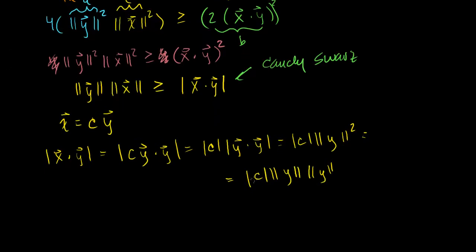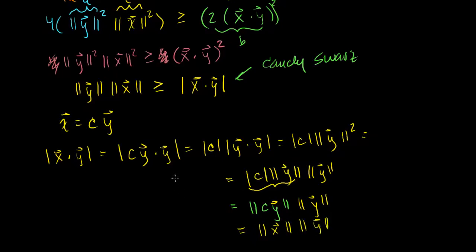You can prove this to yourself if you don't believe it, we could put the c inside of the magnitude, and that could be a good exercise for you. But it's pretty straightforward. You just use the definition of length, and you multiply it by c. This is equal to the length of cy times the length of y. Now, cy is x. So this is equal to the length of x times the length of y.